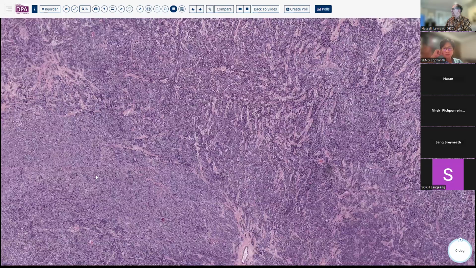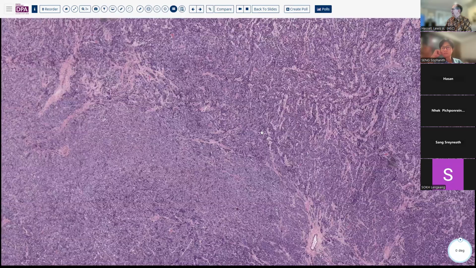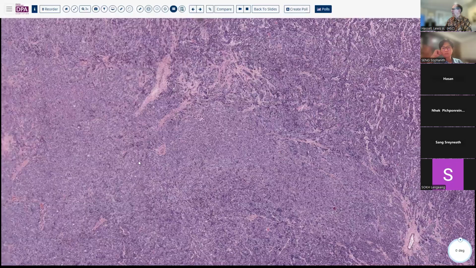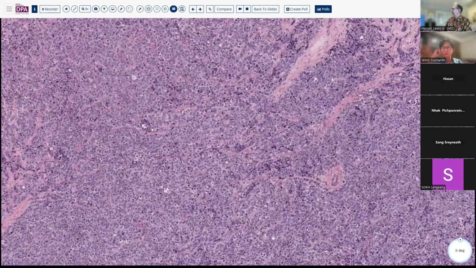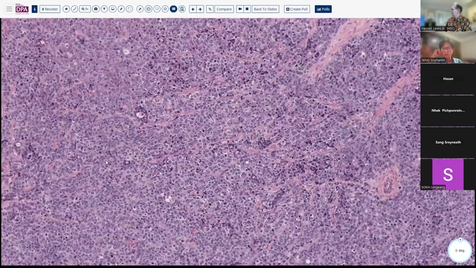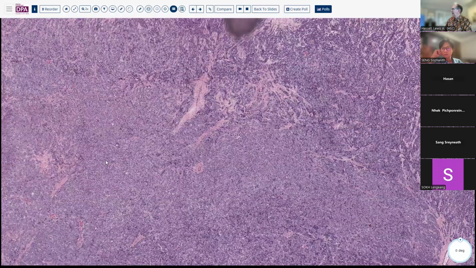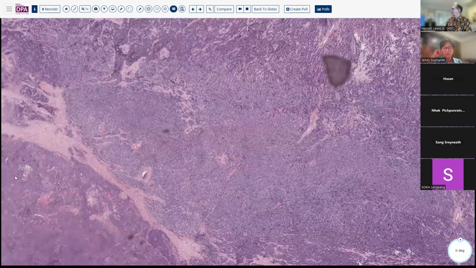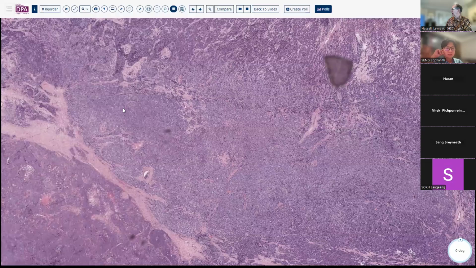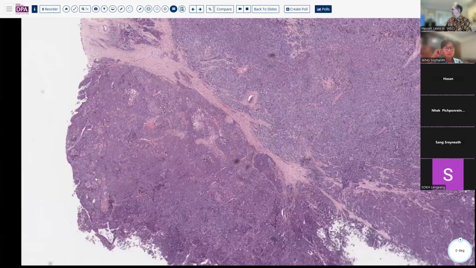So this lesion can occur as just a high-grade lesion, and you may not suspect the diagnosis if you don't have one of the little clues that we look for, which is located here, I believe, down here.